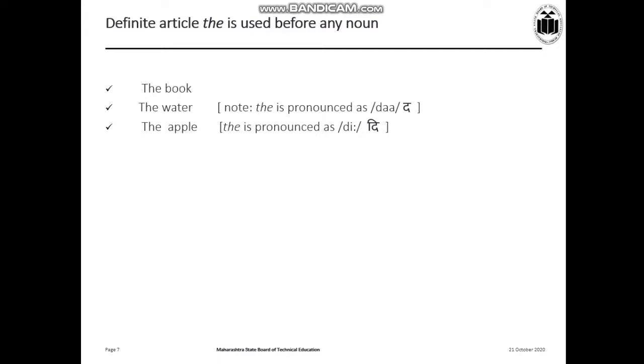So there are so many examples: the books, the milk, the city, the water, and even the apple, the end. Based on the sounds of the vowels or consonants, you can utilize the article usage.